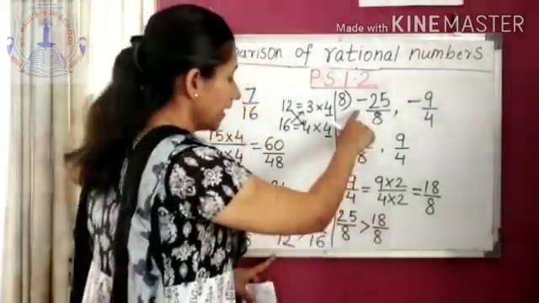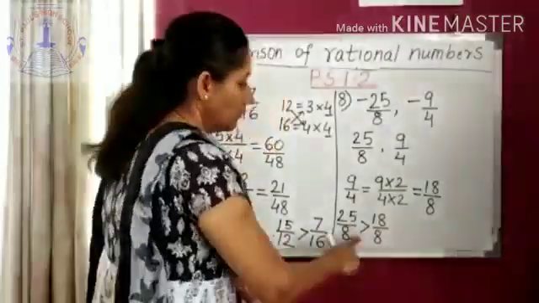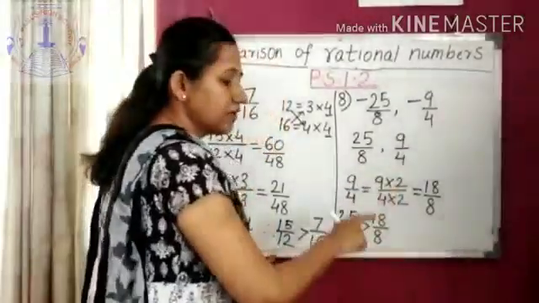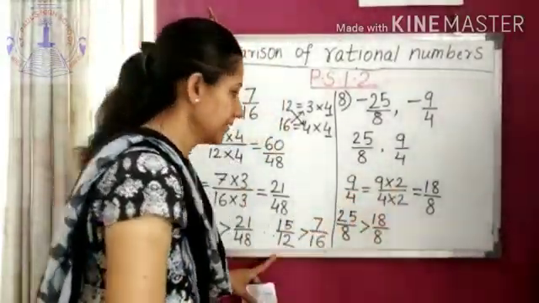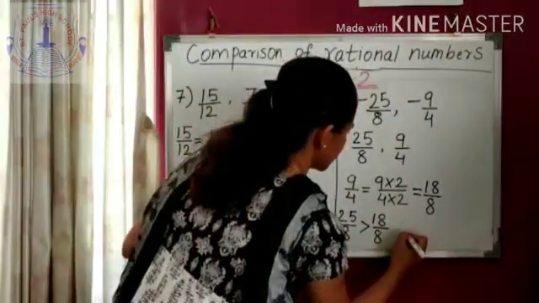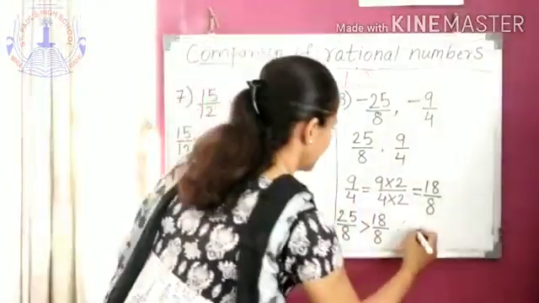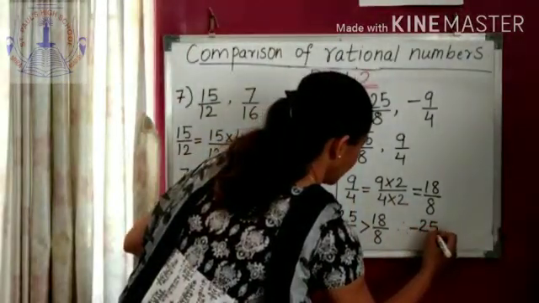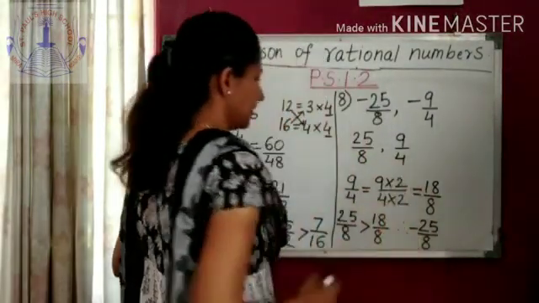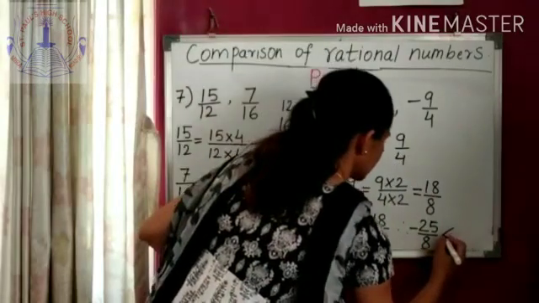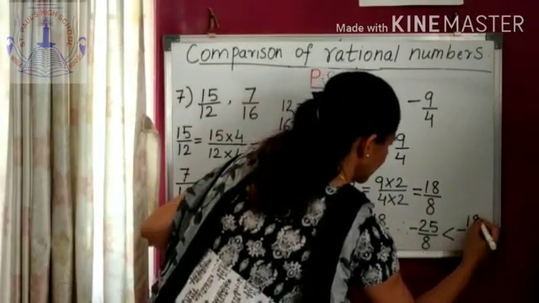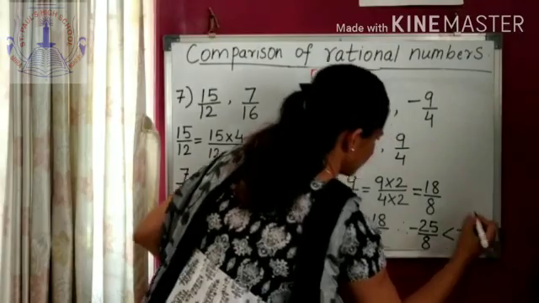That is, negative 25 upon 8 will be less than negative 18 upon 8, which is equal to 9 upon 4. So here we can write negative 25 upon 8 is less than negative 18 upon 8.